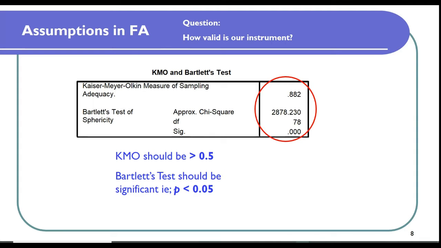Next is the Bartlett test. The significant value should be less than 0.05.